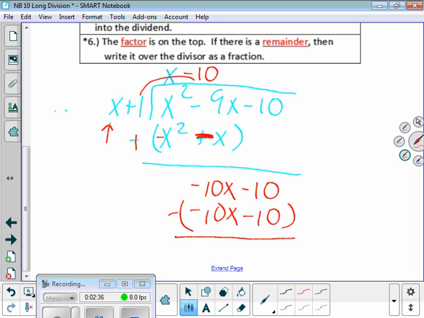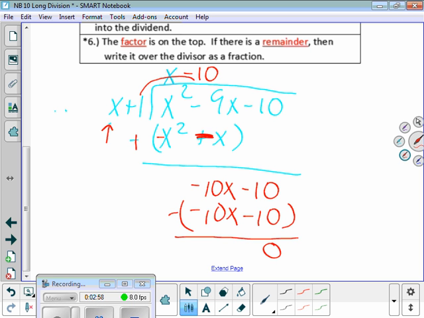Subtract it all. Now, before I go switching all my signs, are these two things exactly the same? So what's the answer going to be? 0. So you don't have to if they're exactly the same, but be careful and make sure that the signs are the same or you're going to miss out on something. We okay with that? In this particular case, we didn't get a remainder.